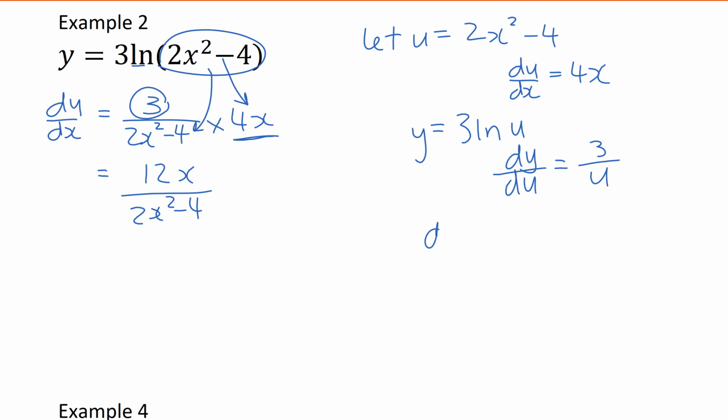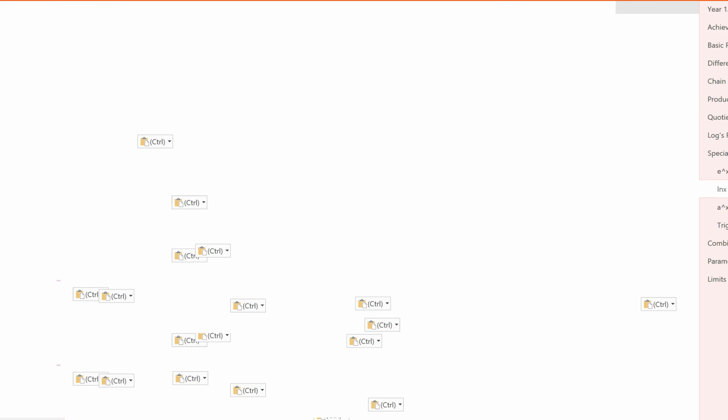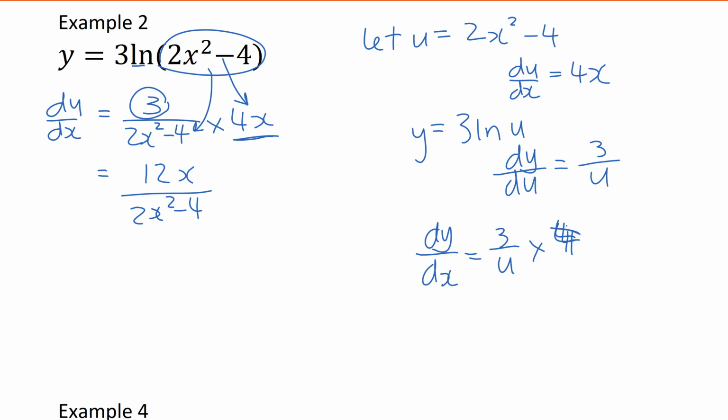So therefore dy by dx is going to be 3 over u times this 4x. Happy?